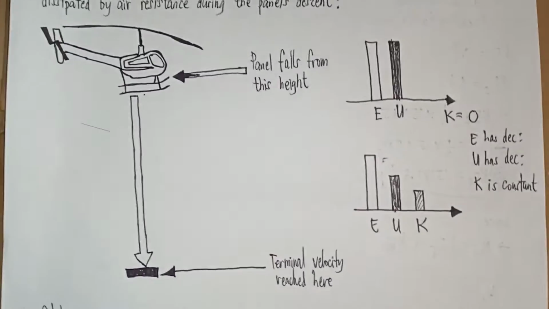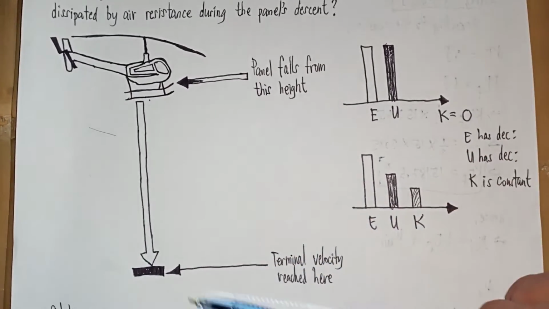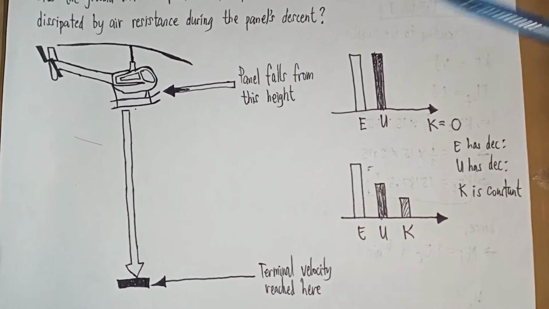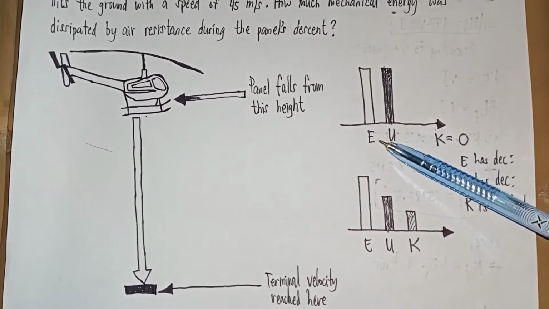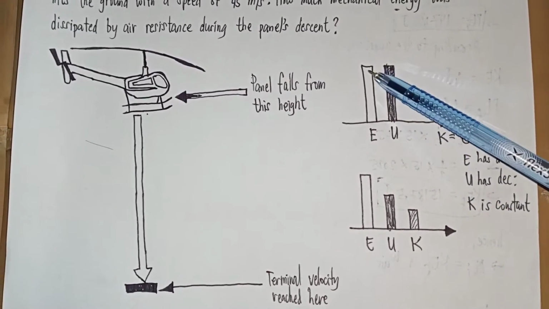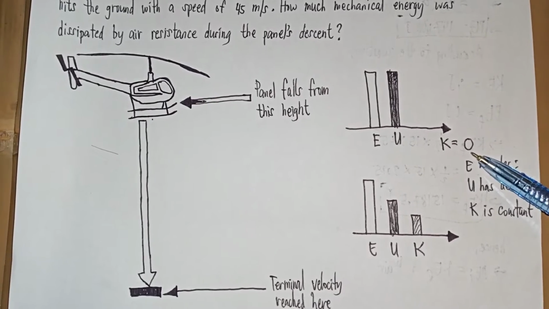So this is the diagram. Panel falls from this height, then the terminal velocity. Mao ni ang graph. From this height, ang iyang E and U is same sila. Then K is equals to 0.